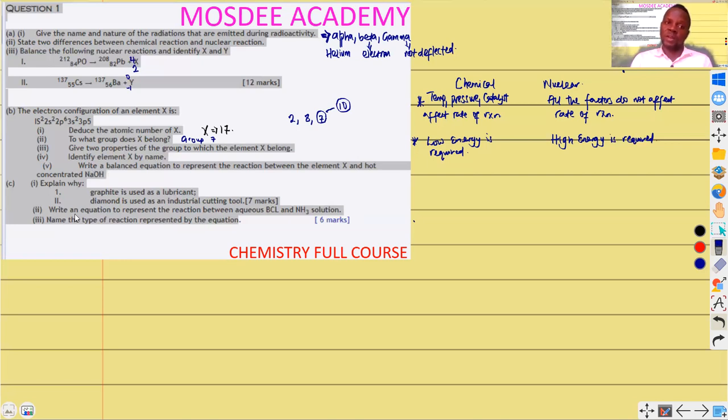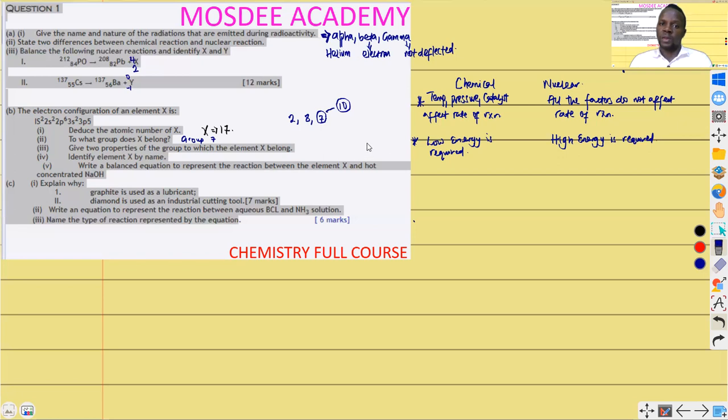So let's move on. We have to give two properties of the group to which element X belongs. Now, group 7. We say they are electronegative, and because they are electronegative, we can just put that down. Group 7s are halogens, they are electronegative.